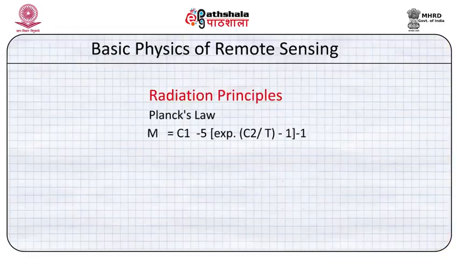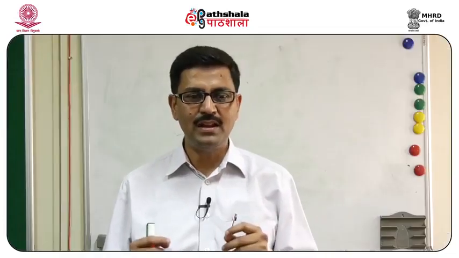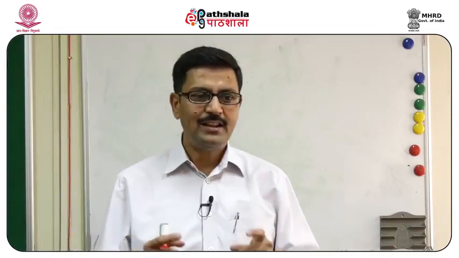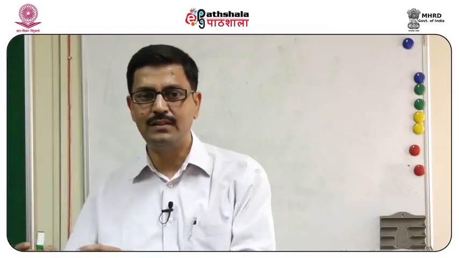That is, M is equal to C1 lambda to the power minus 5 upon exponential of C2 upon lambda T minus 1, where C1 and C2 are constants, lambda is the wavelength, and T is the absolute temperature. We all know that the spectral exitance of a body is not the same at all wavelengths, and the spectral exitance is low both at short and long wavelength regions.